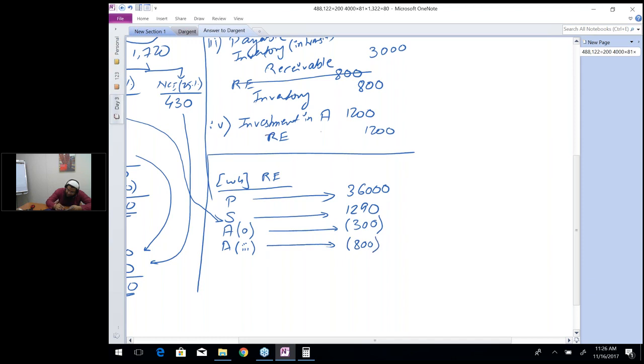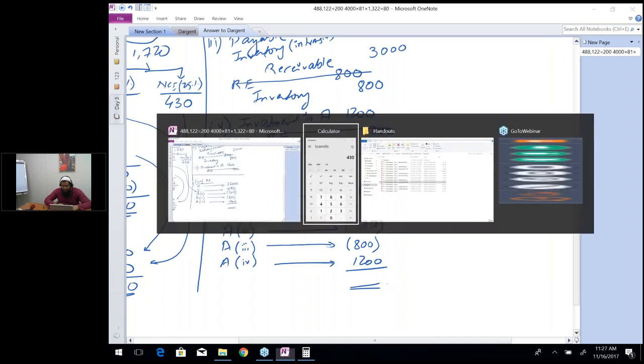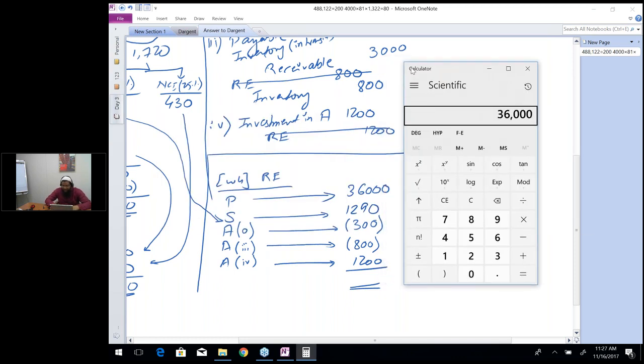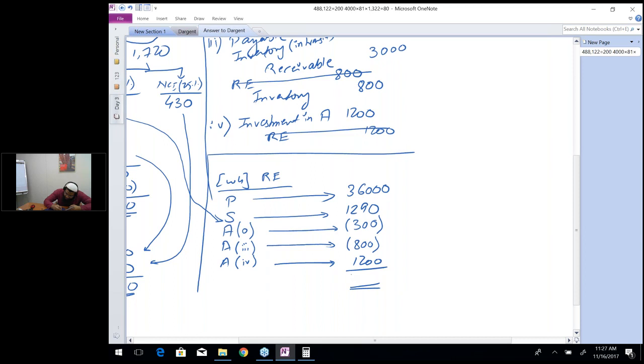And then adjustment number 4, we have a retained earnings credit, which will increase the retained earnings by 1200. So the total is going to be 36,000 plus 1290 minus 300 minus 800 plus 1200, which is going to be 37390. So this is actually the total of the group retained earnings.